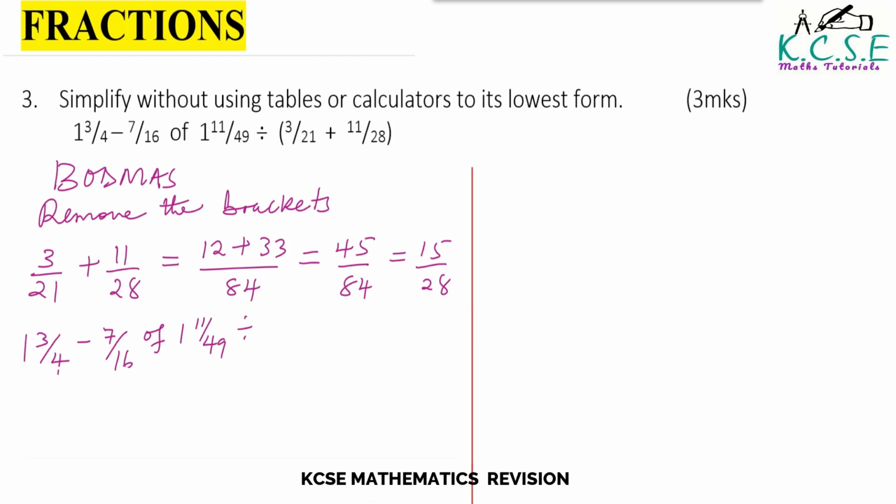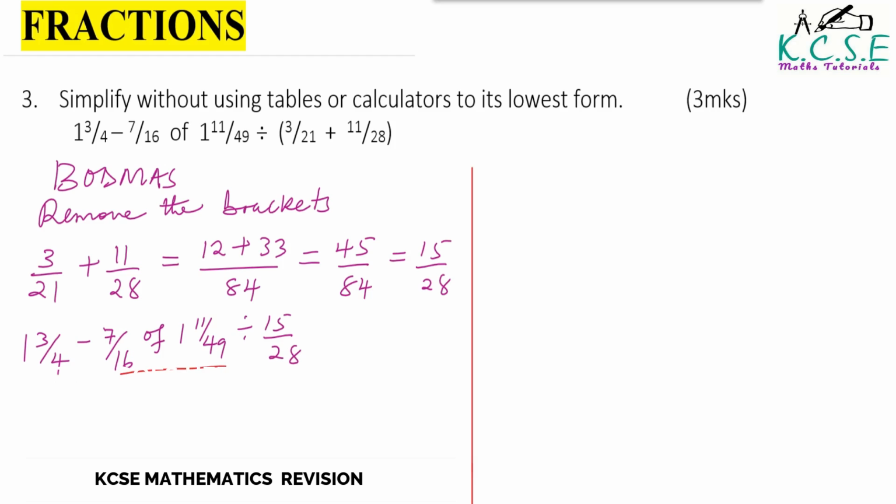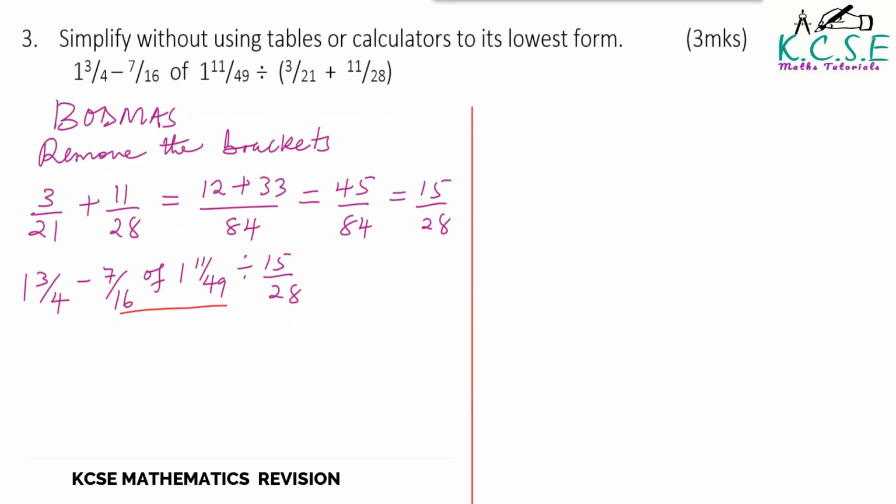We have solved the bracket and got 15 over 28. Now look at these operations. What should come first: division, of, or subtraction? You realize that of should be the first thing here. So this is the first thing according to the law of operation.